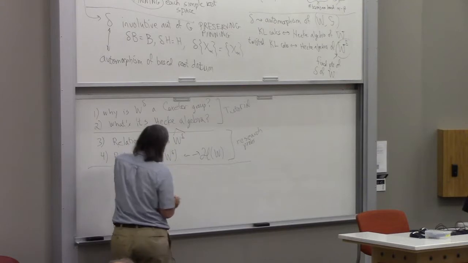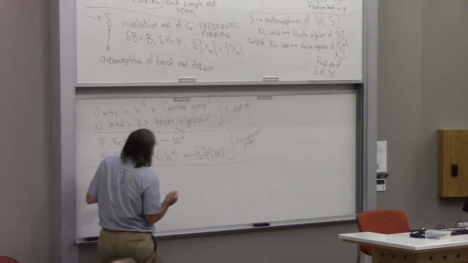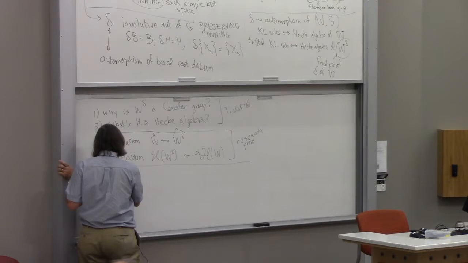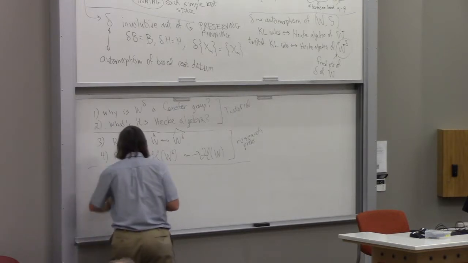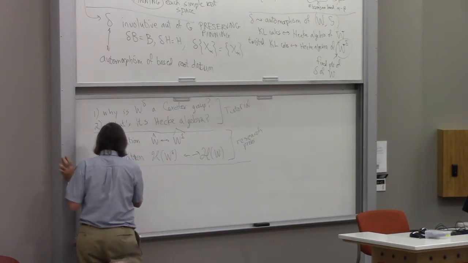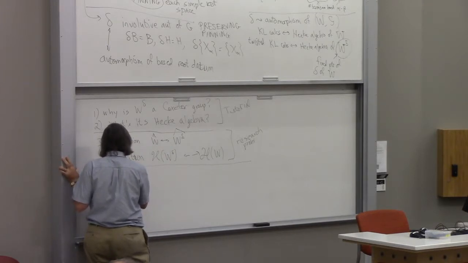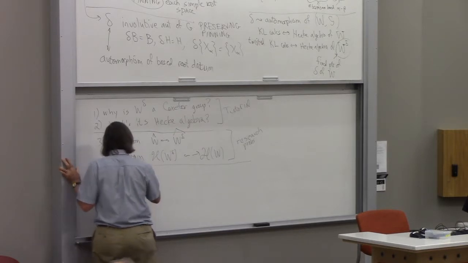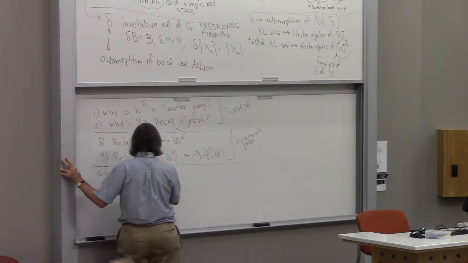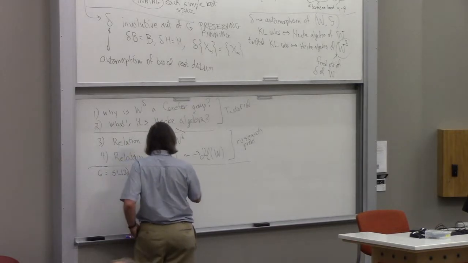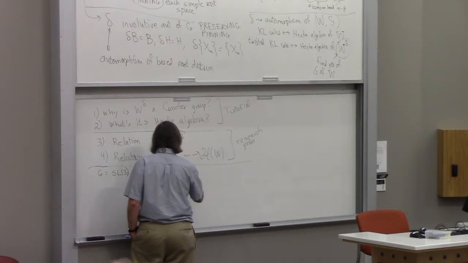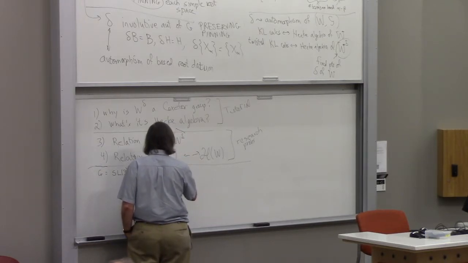So what's the story? Let me look at G is SL3, and delta of G is the inverse transpose of G conjugated by this element.